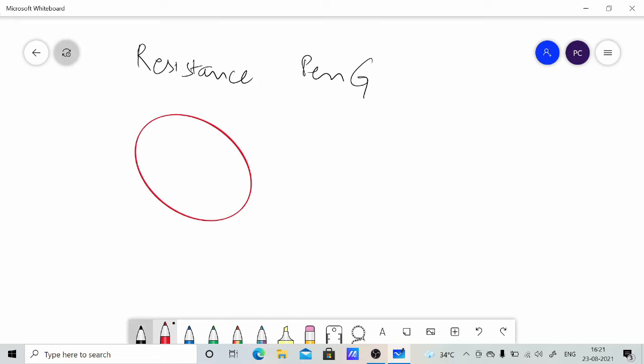They develop enzymes, penicillinases, which can kill penicillin. If Pen-G is coming, the penicillinases break down the Pen-G, and it is no longer effective.